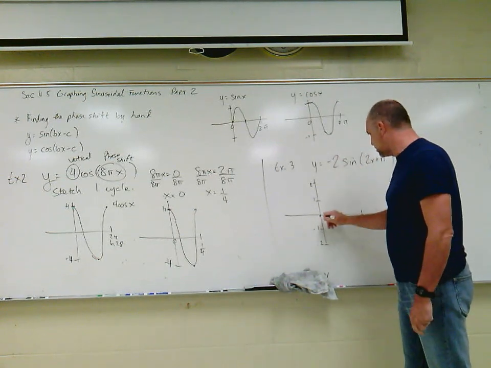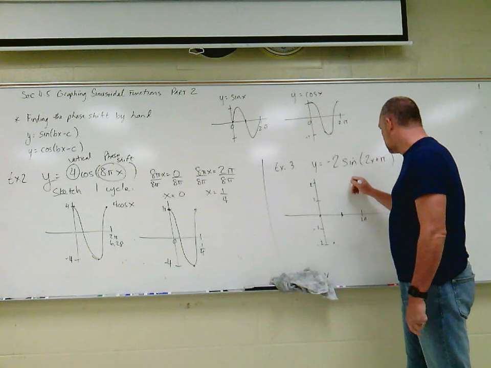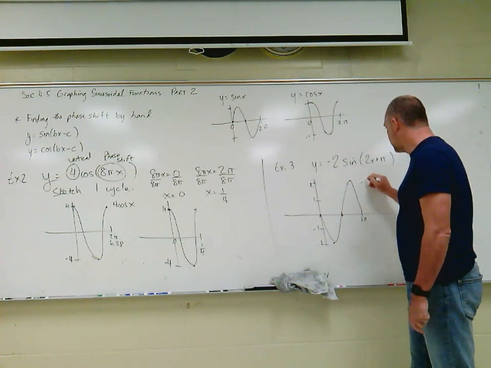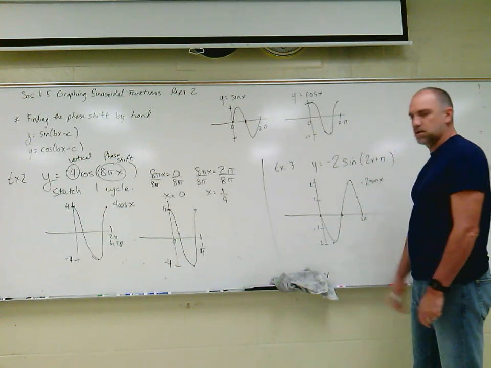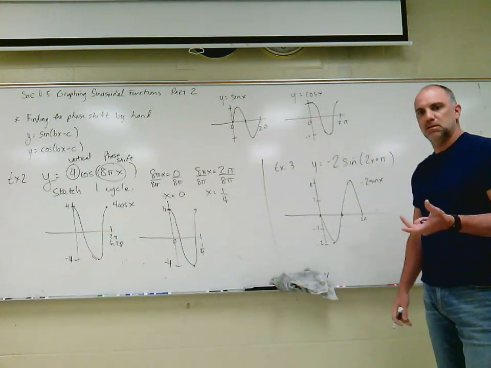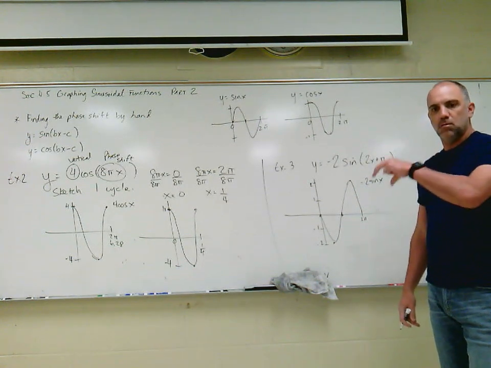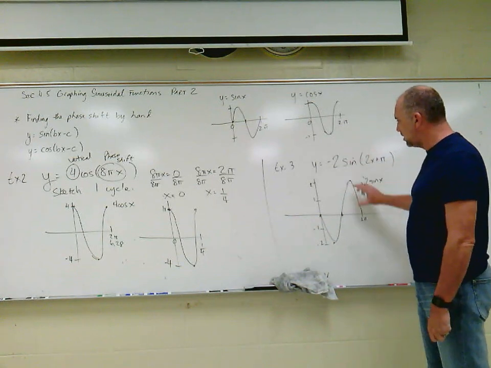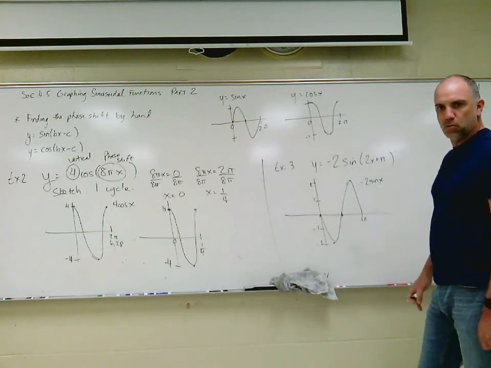So if I deal with this first, I should get this picture. That is -2 sine x. And you can type it in and verify that. This was the last lesson. So we have to build off of the last lesson, so that you should have this understanding from lesson 1.